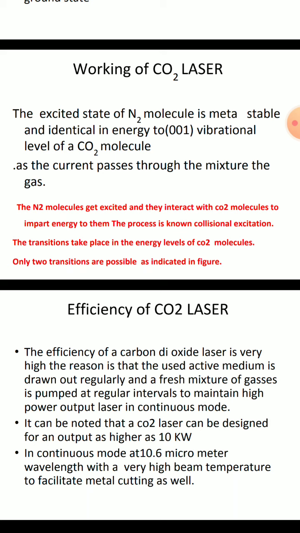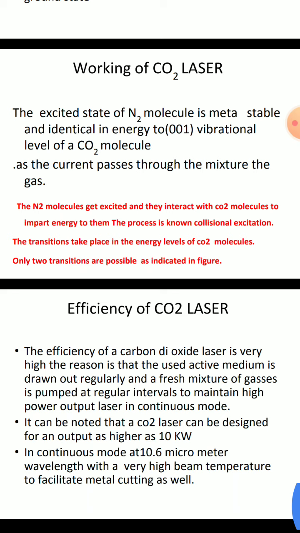So once the emissions are completed, that is the total number of active centers in those lasers which have a fixed active medium are completed, then you can have a definite output.